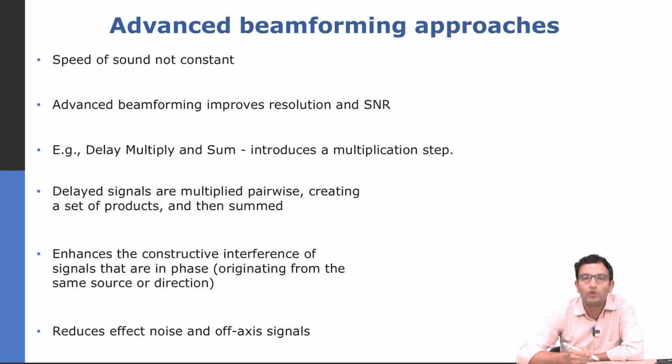Essentially, they will have a high correlation amongst them, and when you multiply them, the signal will increase. But if they are coming from different sources, there will be limited coherence, so when you multiply them, the signal will not increase to the same extent. Therefore, this approach is able to reduce the effect of noise and off-axis signals in the reconstructed image.